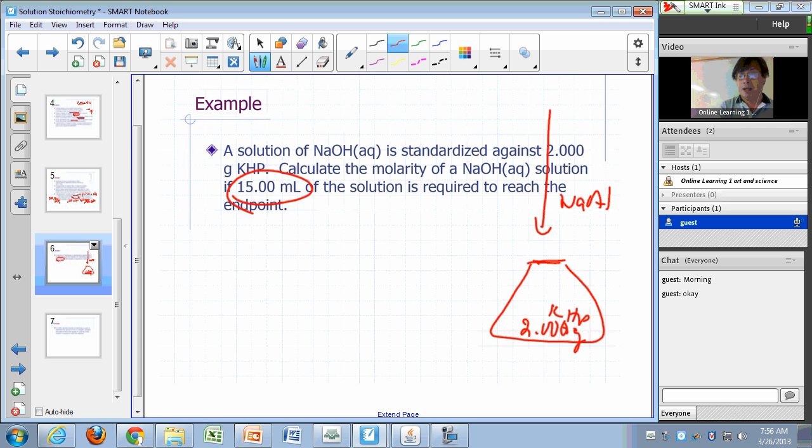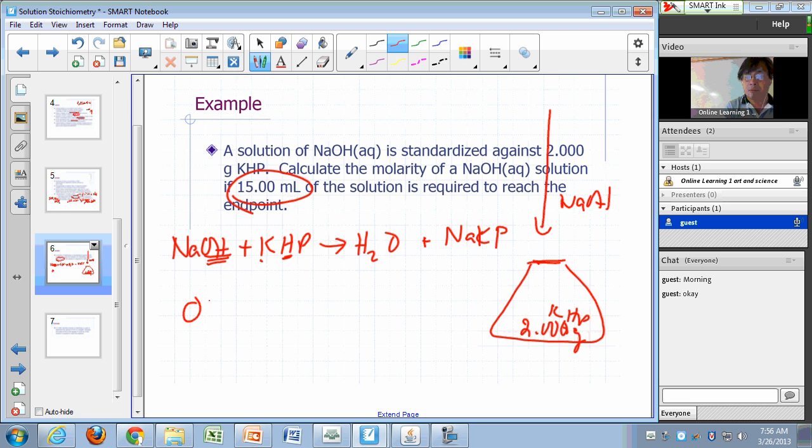So the reaction here is sodium hydroxide plus KHP gives you water. Okay, so your hydroxide and your H from hydrogen phthalate will give you water plus NaKP, right? Or the net ionic equation would be hydroxide plus the biphthalate ion gives you water plus phthalate ion with a -2 charge.